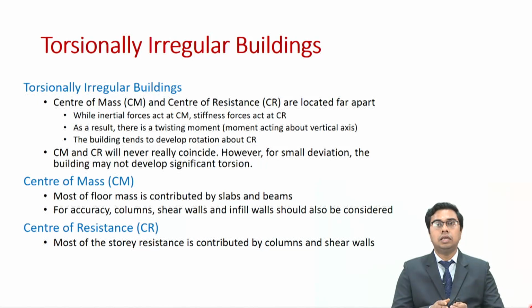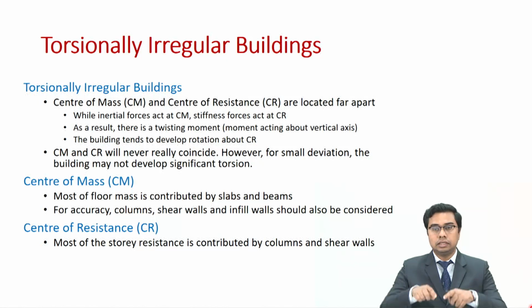The inertial force is applied at the center of mass and the resistance force is applied at the center of resistance, and therefore if center of mass and center of resistance are located far apart, these two forces will generate a twisting moment, and this twisting moment will be a moment about the vertical axis.